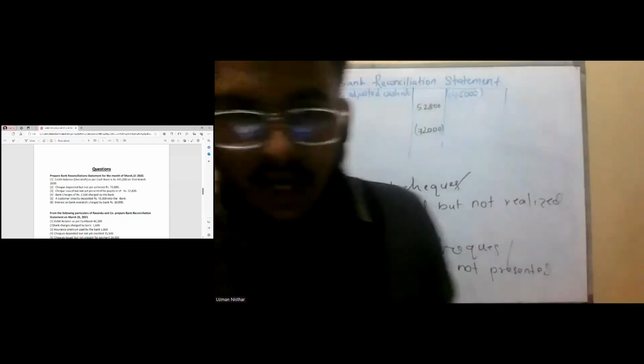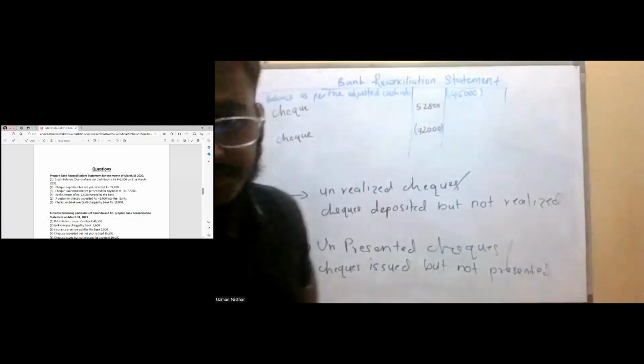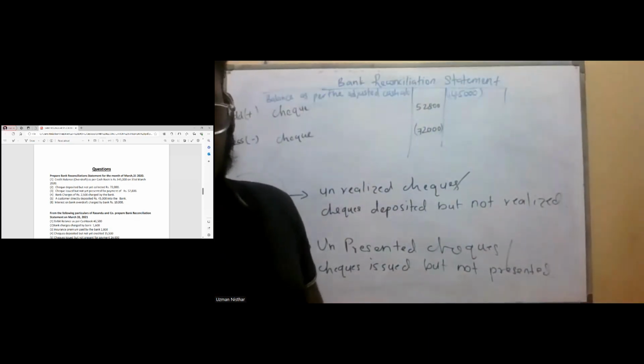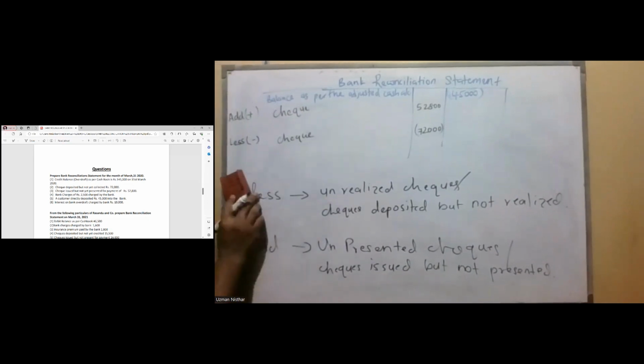Next we have bank charges 2,500, and customer directly deposited 45,000 interest.